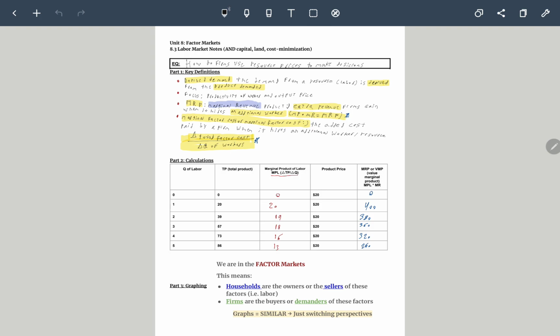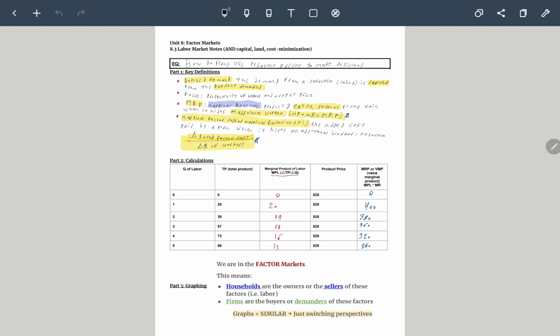So in this case, actually, now that I look over it, our change from 0 to 20 is 20, and our 0 is just 0.